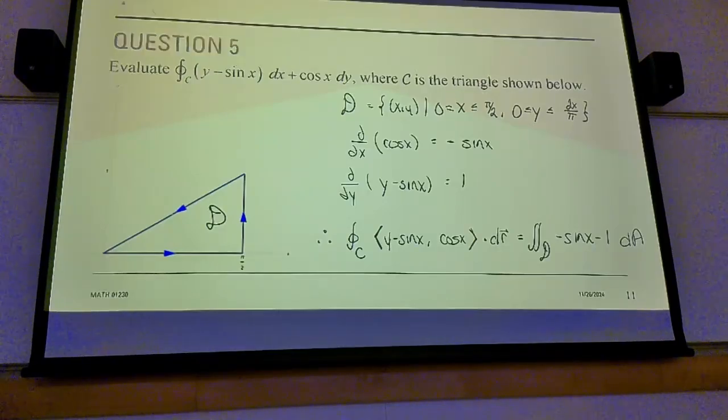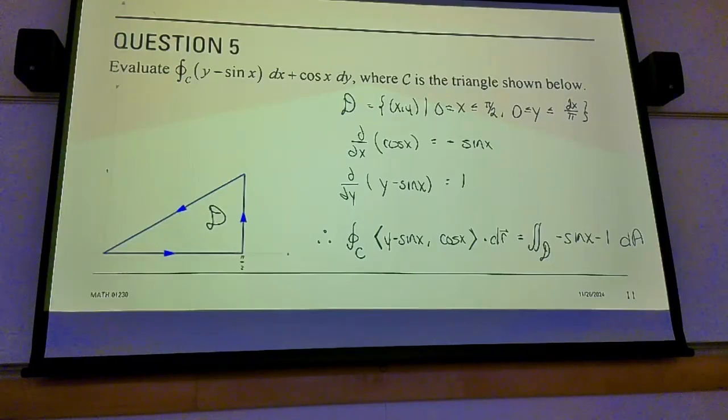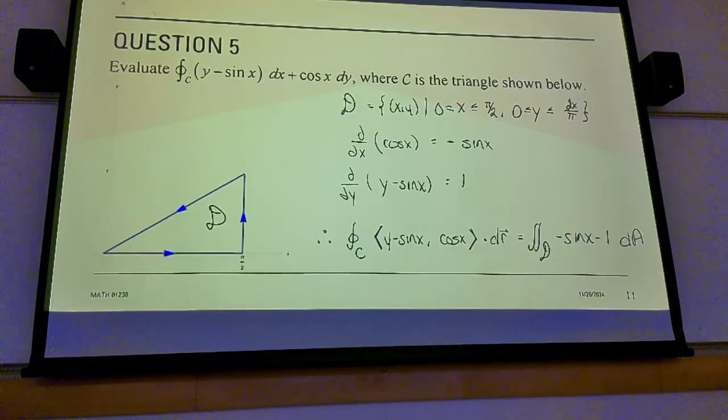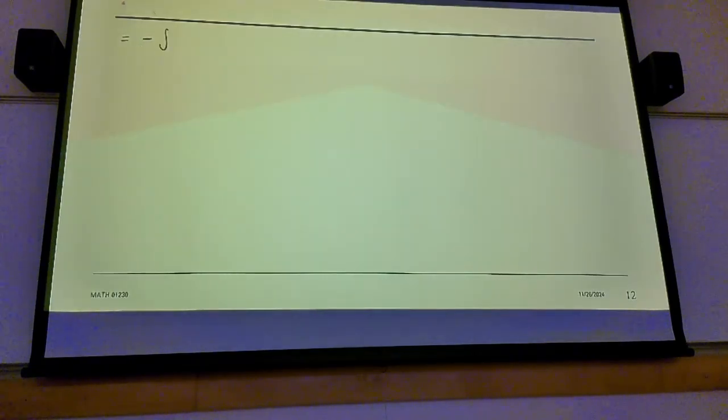Next comes setting up the double integral to evaluate it. Factor out negative 1. That would be the double integral setup, right?